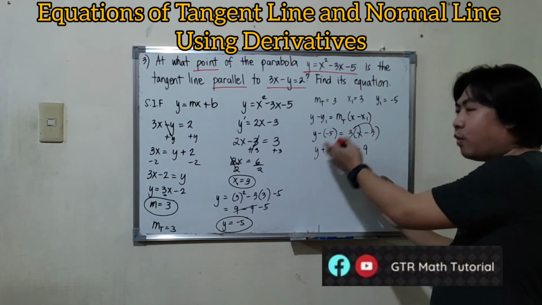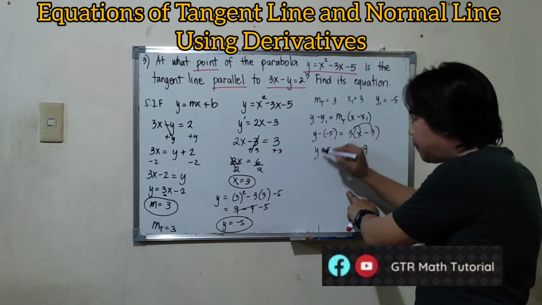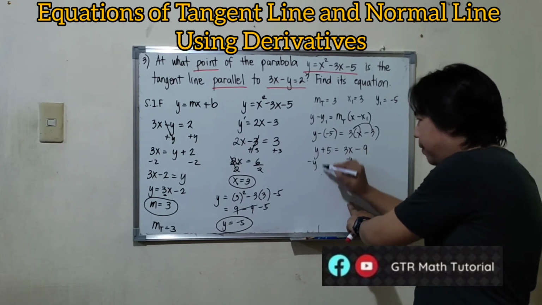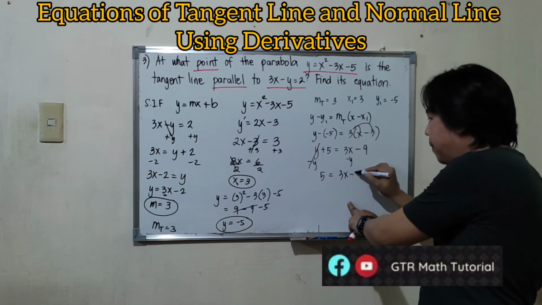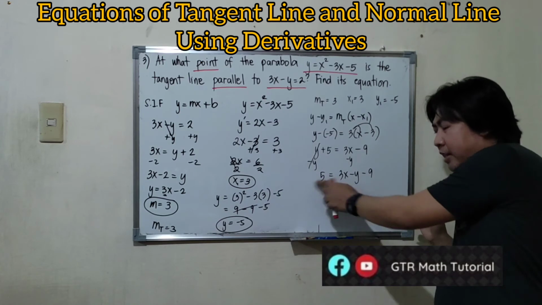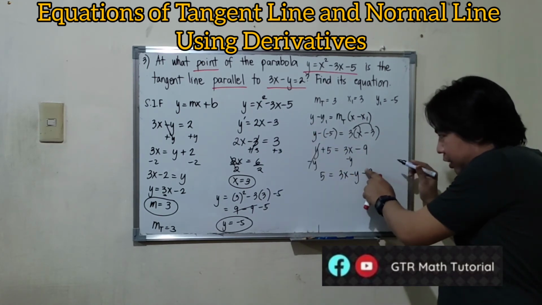So, again, combine the y. So, put y to the right side since x is positive by subtracting y from both sides. So, we have 5 equals 3x minus y minus 9. Then, combine the constant to the left side. So, put this to the left side.